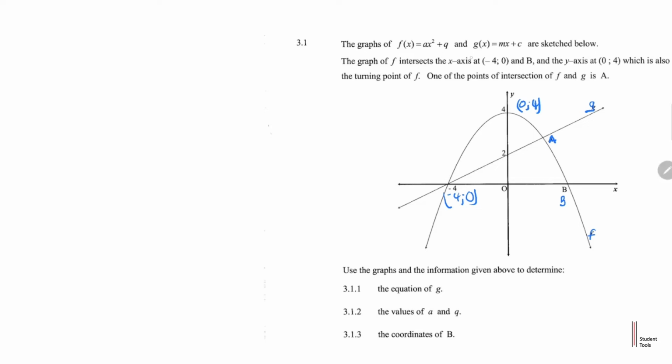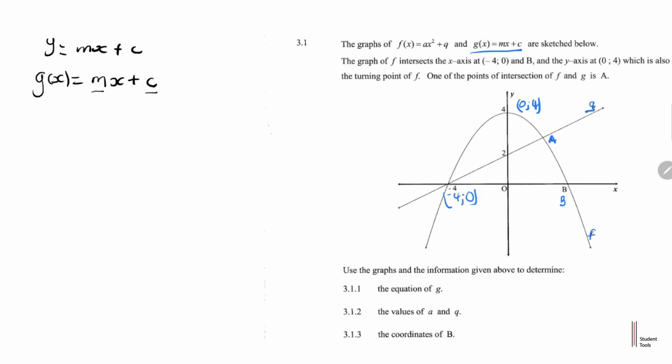So we are given that g is equal to mx plus c. That is the same as y equals mx plus c. So to find the equation of g, we have to find the value of m and the value of c, and m is the gradient.